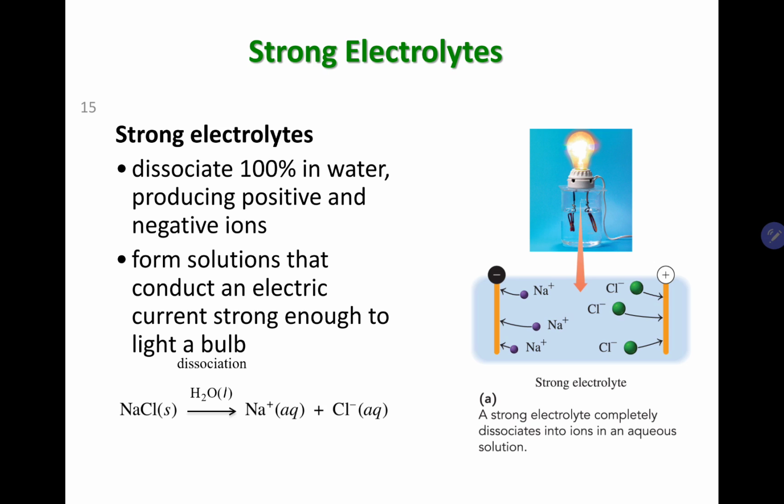The difference between these three categories is how well a chemical compound ionizes, or dissociates, in water, like sodium chloride for example. If a chemical compound dissociates 100% in water, forming negative ions and positive ions, that compound or solution is known as a strong electrolyte.